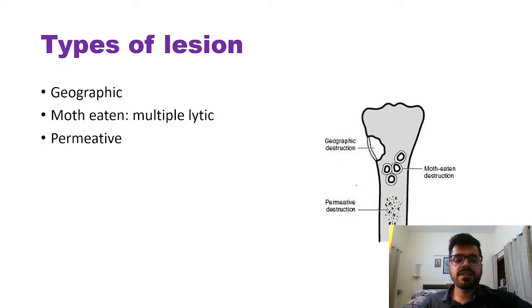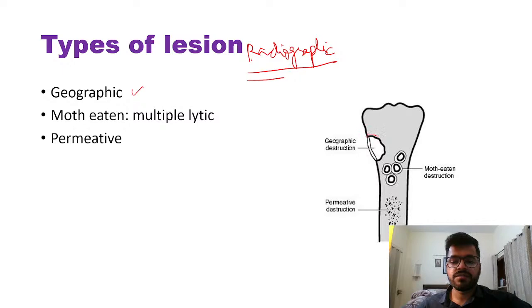So now we will discuss the radiographic appearance of the various lesions. It can be geographic, as in well defined. This is a geographic lesion, well defined lesion usually seen in benign tumors.